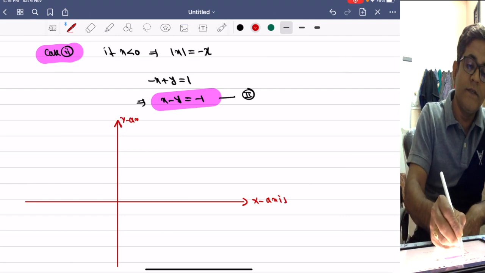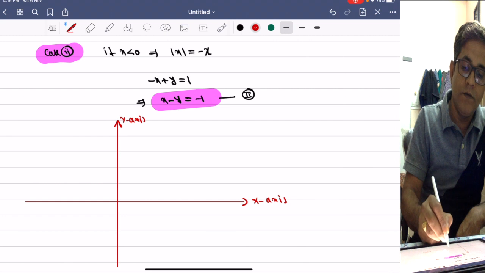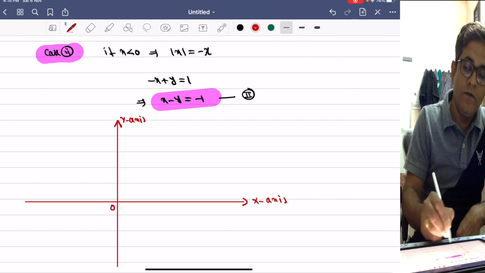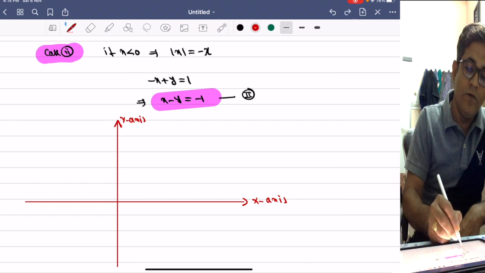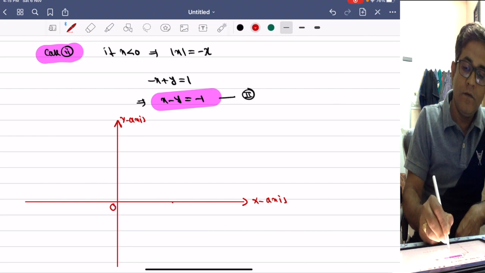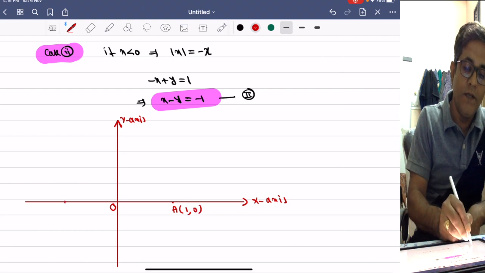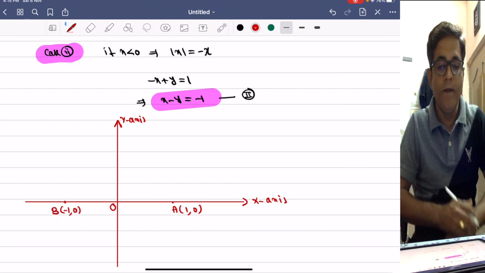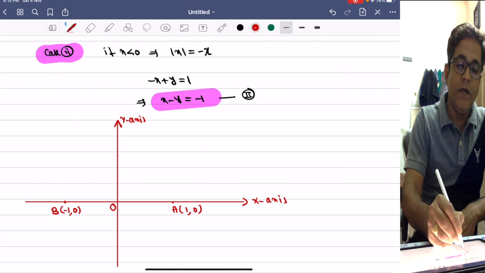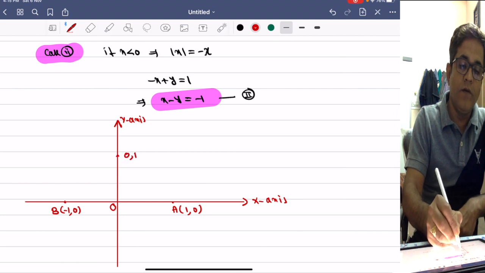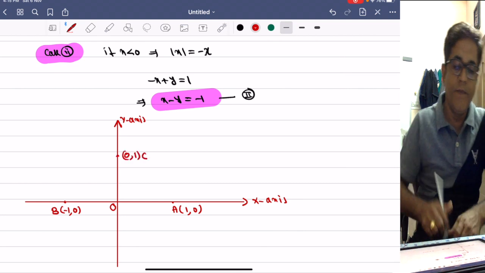This is the origin O, this is A, 1 comma 0, this is B, minus 1 comma 0, and this is C, 0 comma 1.